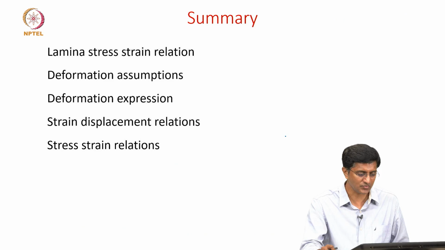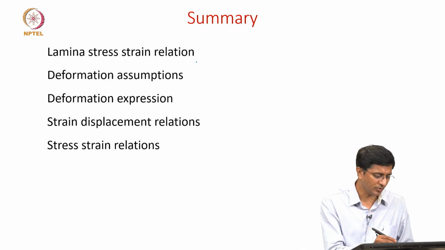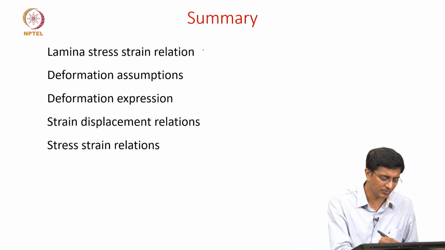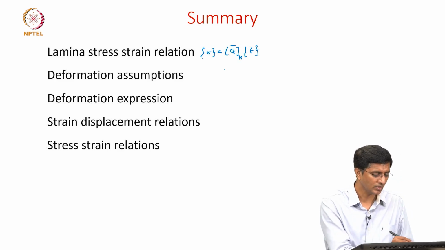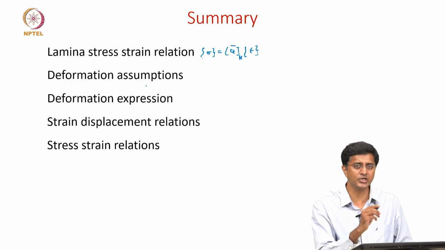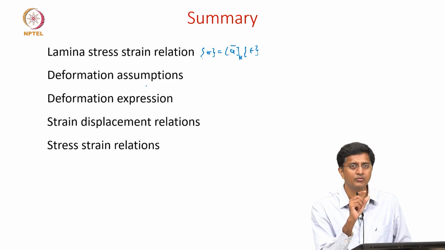And now let's summarize what we have discussed. We started by looking at the relation between the stress and strain. We said this is related with the transformed stiffness matrix for the kth layer. But later we made a series of assumptions for the deformation, mostly for the normal to the mid surface.